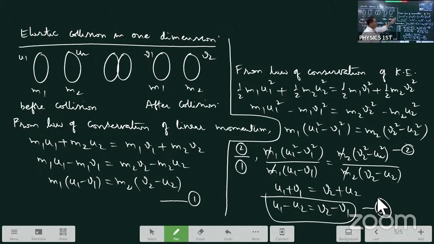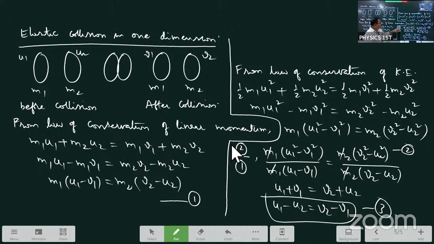Next, apply the law of conservation of kinetic energy: first body kinetic energy half m1 u1 square, second body half m2 u2 square. After collision, first body half m1 v1 square, second body half m2 v2 square. After solving, you will get this equation, that is equation 2. Now, equation 2 by equation 1.